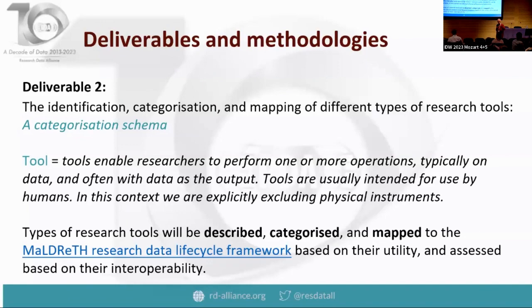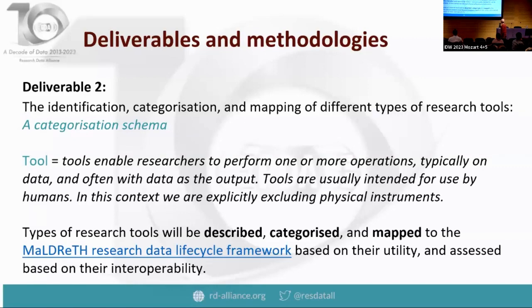So today we're working on deliverable 2, and we've had one other session where we started to work on it experimentally. Deliverable 2 is called identification, categorization, and mapping of different types of research tools for each phase, so a categorization schema. So what's a tool? This is, as Francis said, a long definition. Tools enable researchers to perform one or more operations, typically on data, and often with data as the output.